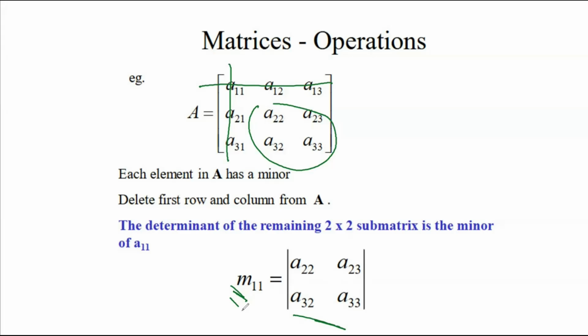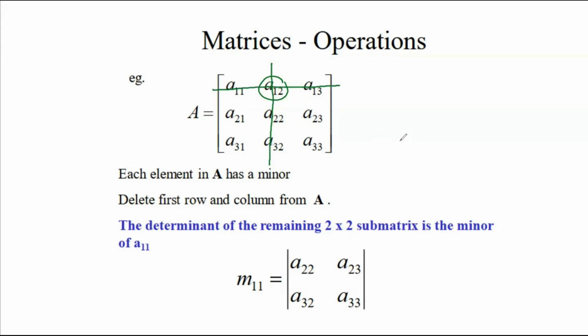You have to do that, to find the determinant, for an entire row. Right? So let me do it with the second element. Let's see this one. Draw a line through the row, draw a line through the column.